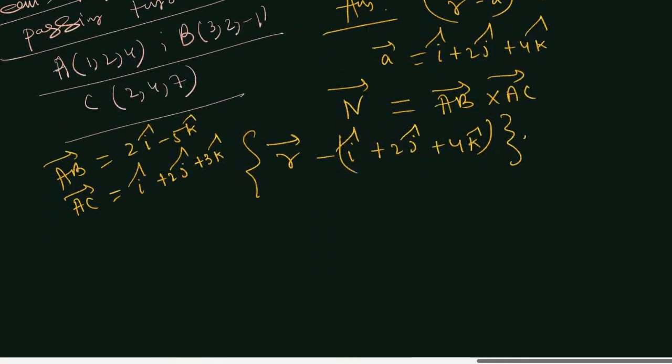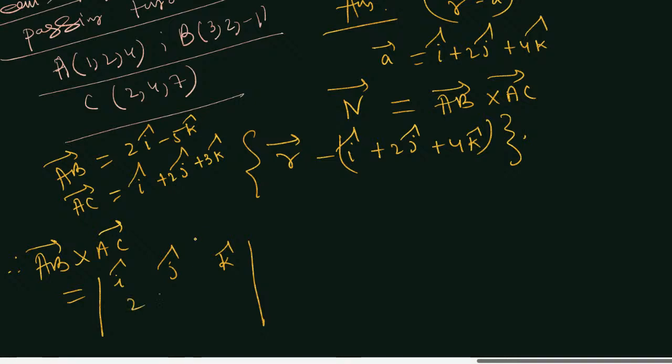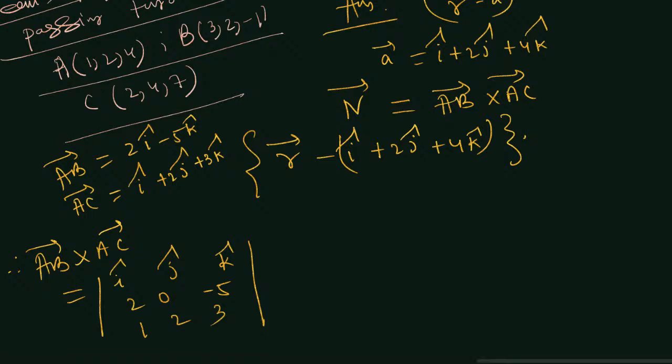Then find AB cross AC: i, j, k; 2, 0, minus 5; 1, 2, 3. Find this by the cross product method.